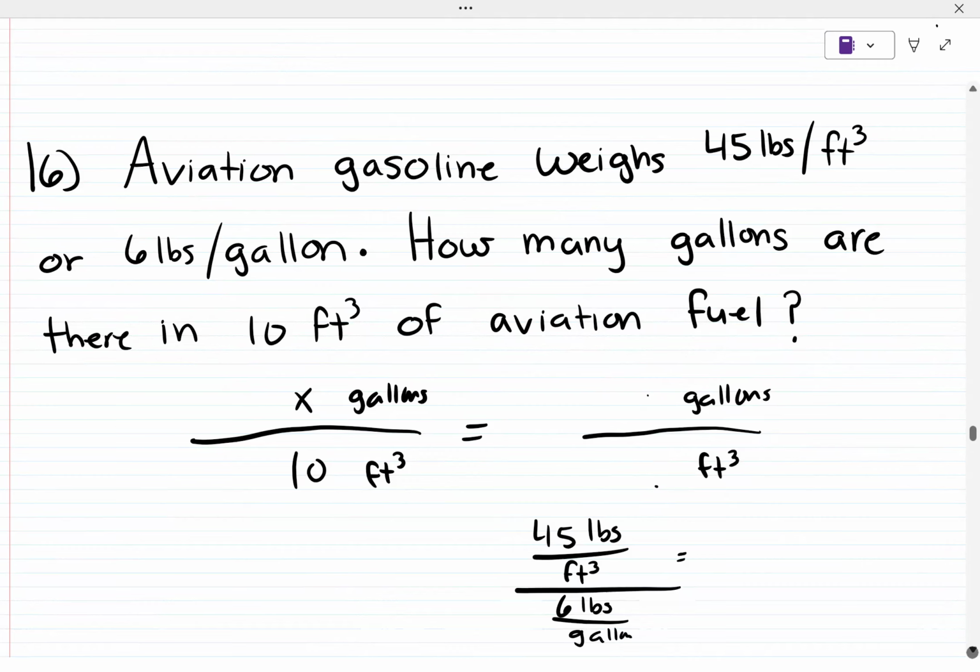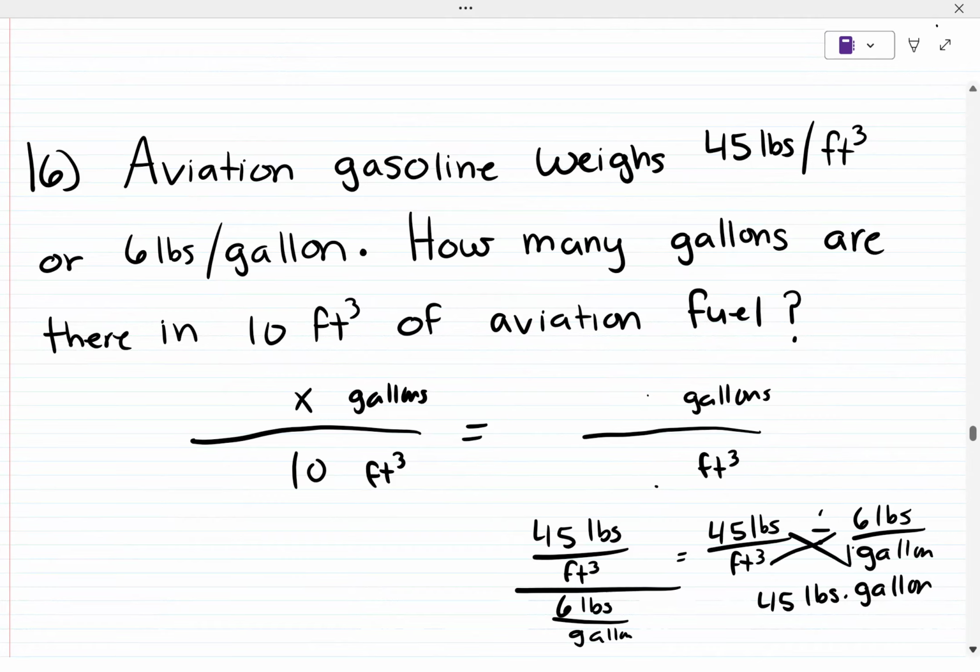And then you would cross multiply. This is a 1, so it's going to be 45 pounds times gallon.